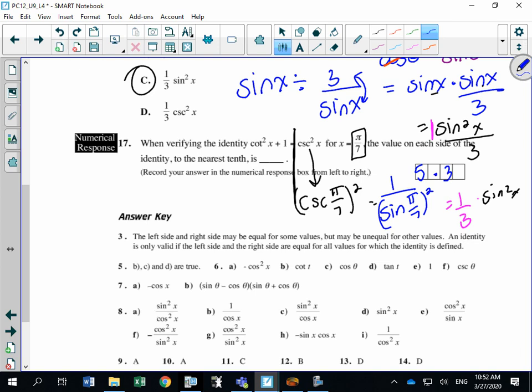But I've got to check that I get the same thing on the left-hand side. So cotan squared theta, that identity is 1 over tan of pi over 7 squared. And then I've got to add 1 over here. So let's check if this left-hand side is equal to 5.3.